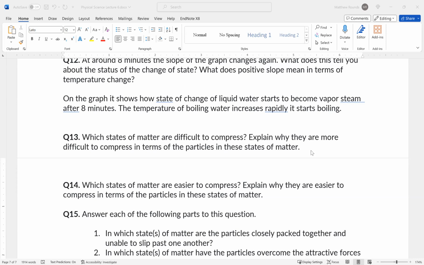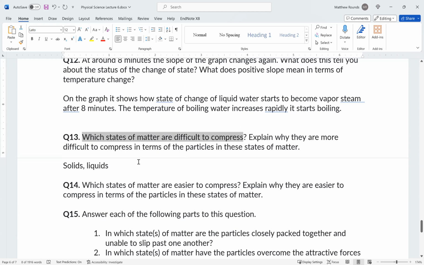Trying to think of an example here, but compressing means to almost remove volume from it. So let me help out here. The answer to 13 is solids and liquids. Can you give me a sentence that reuses some of the words in this question for that? And then we'll talk about how to answer the next part of it.